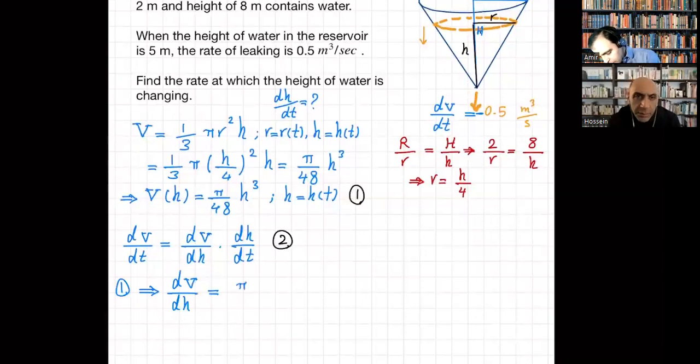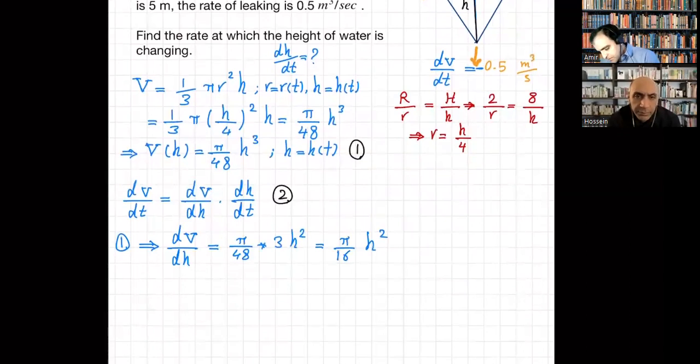It's a polynomial, it's easy. Correct. Times 3H squared, or pi over 16 H squared. So I call it number 3.